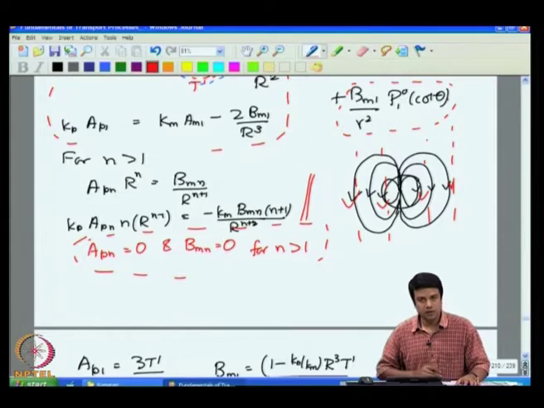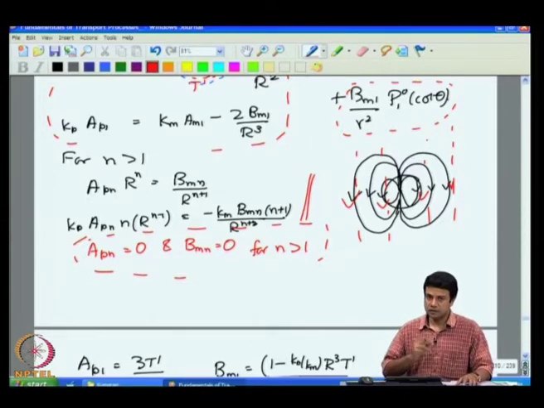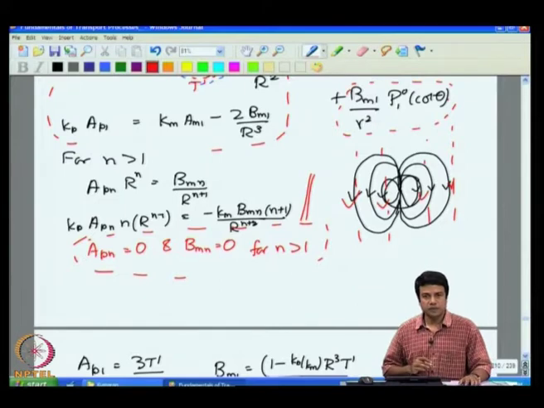However, I have a particle here as well, and I need to satisfy the temperature and the flux boundary conditions on the surface of the particle. So, I need to add a disturbance to the temperature field due to the presence of this particle. From symmetry, that disturbance can only be in the form of a dipole, and so I add a disturbance in the form of a dipole outside of the particle.